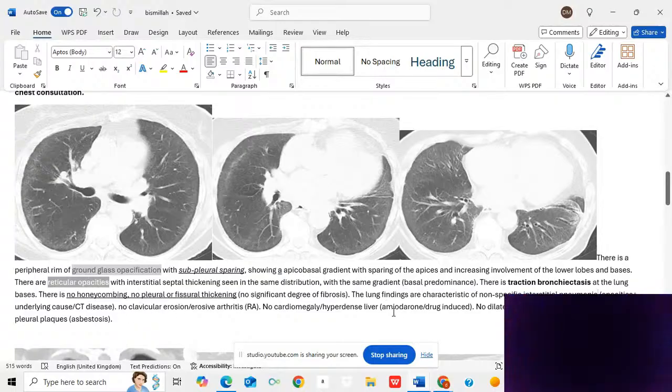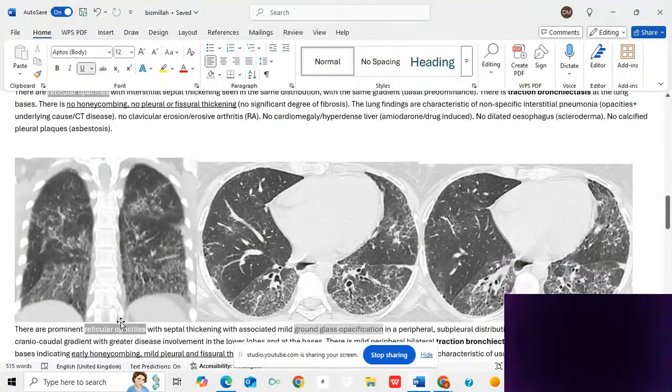No evidence of cardiomegaly or hyperdense liver to suspect amiodarone or drug-induced lung fibrosis. No dilated esophagus here to suggest scleroderma, and no calcified pleural plaques to suggest asbestosis. Okay, this is a full comment on this high-resolution CT scan.